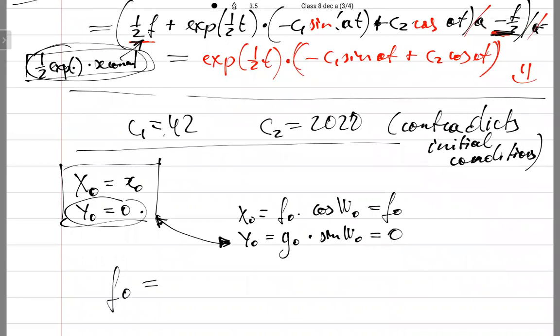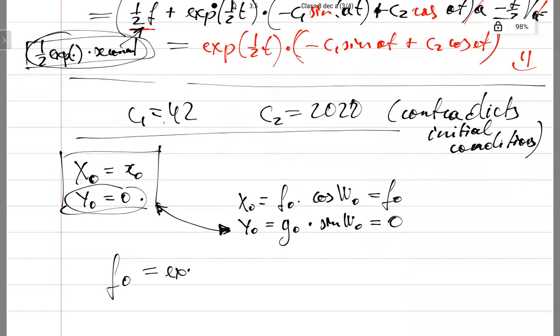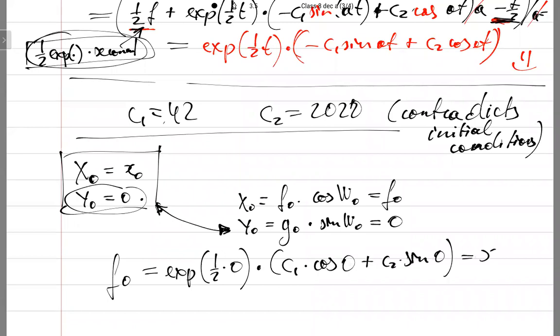What is f0? It is exponent 1/2 times 0 multiplied by c1 cosine of 0 plus c2 sine of 0, and that should be x0. And I see that c1 is x0 times exponent minus exponent is 1.